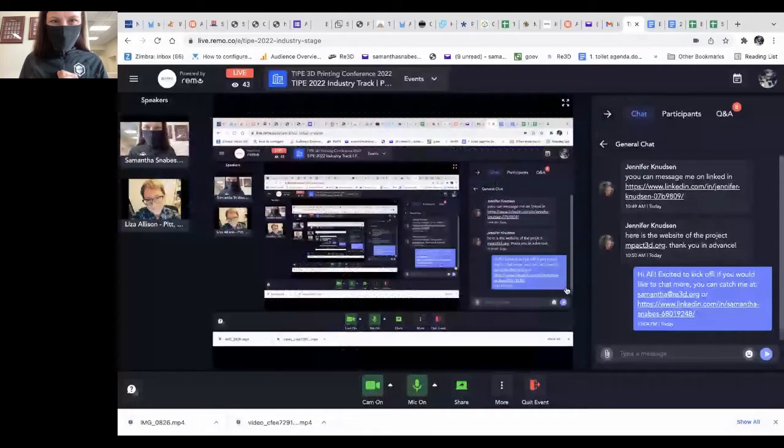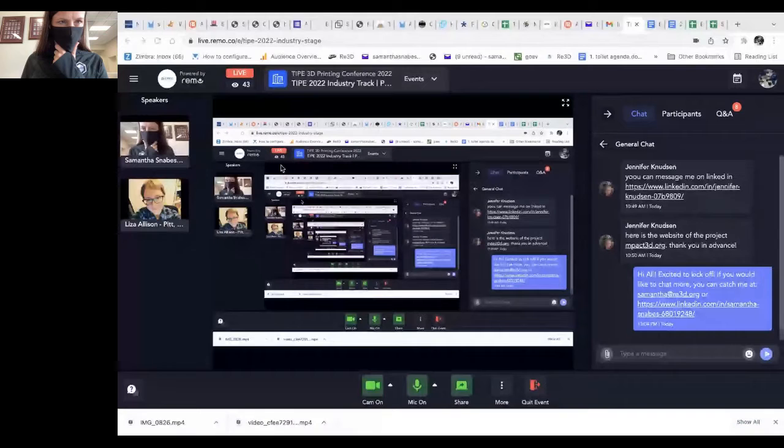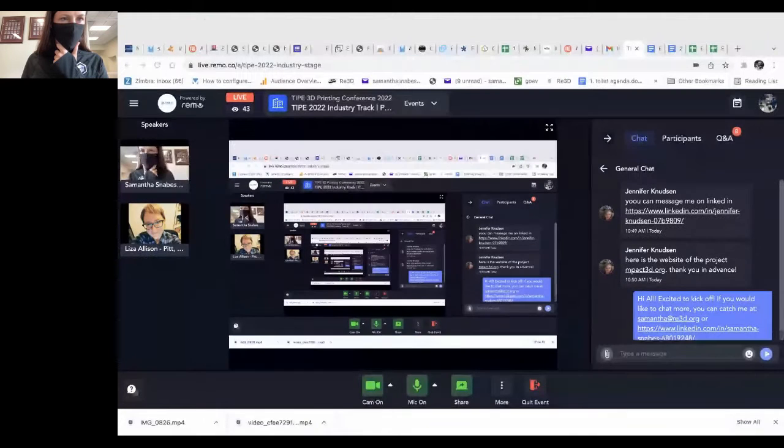When your infinite number of windows pops up, you might want to just drag your PowerPoint into that screen. Yeah, if you just pull up your PowerPoint, we should be able to see it. Okay, so how do I drag it in though? Can you minimize your Internet Explorer? Oh, minimize. Okay.